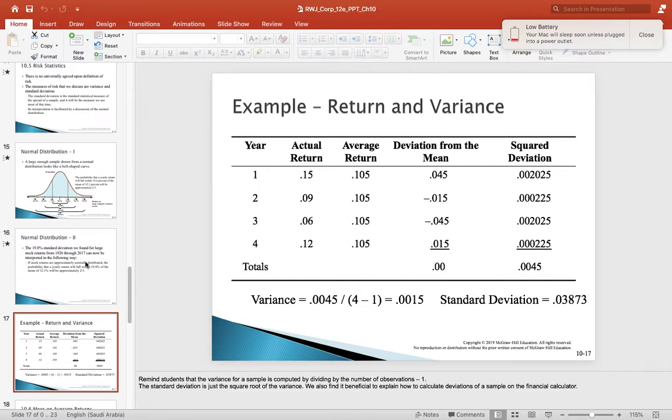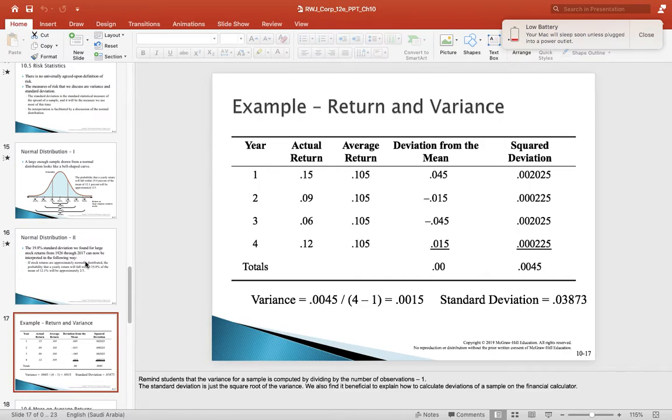Make the square of the deviation so that the negative impact will be removed. So 0.045 squared is equal to 0.002025, and similarly you square all the deviations to get the squared deviations.